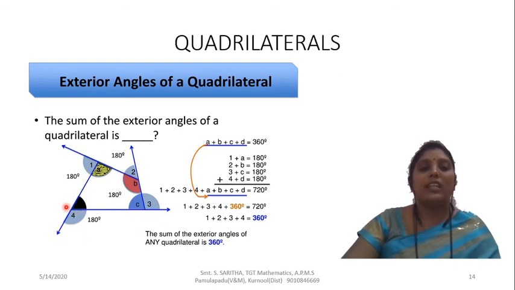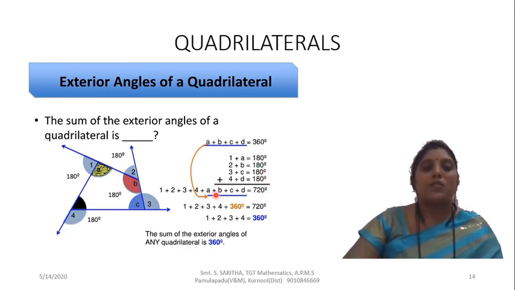Adding all the 4 linear pairs, angle 1 plus angle 2 plus angle 3 plus angle 4 plus angle A plus angle B plus angle C plus angle D is equal to 180 plus 180 plus 180 plus 180, it is 720 degrees. Now substituting here A plus B plus C plus D with 360 degrees, we will get angle 1 plus angle 2 plus angle 3 plus angle 4 plus 360 degrees is equal to 720 degrees.